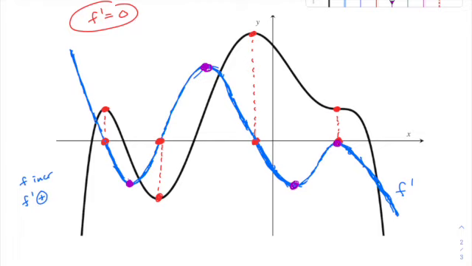You should notice, where do they correspond to on the original graph? Right there, that lines up there. And I didn't do anything special, I just naturally drew the graph. Those are the inflection points on the original.